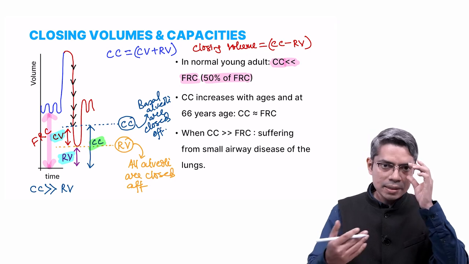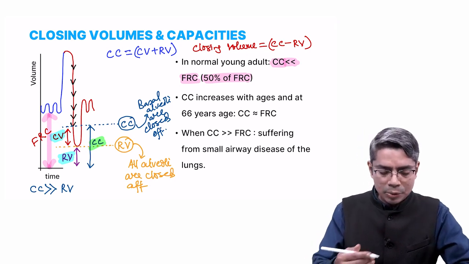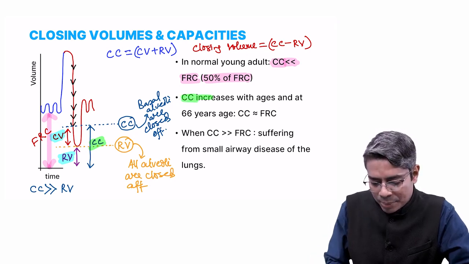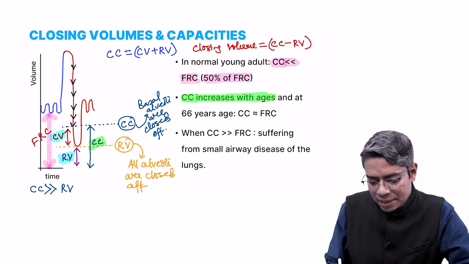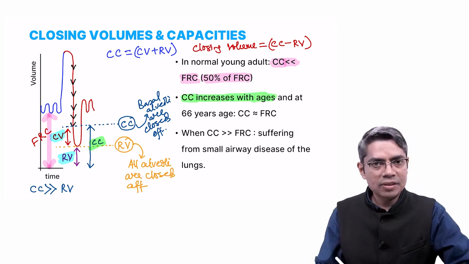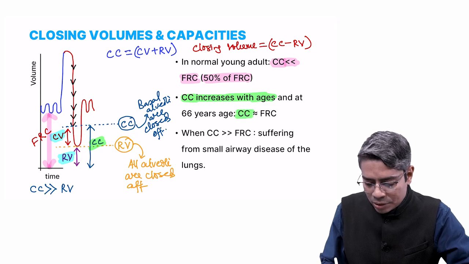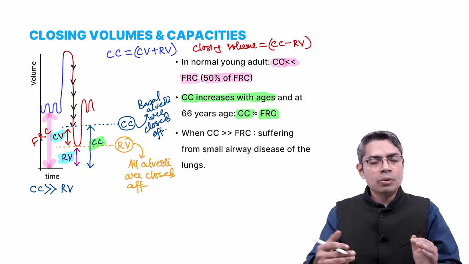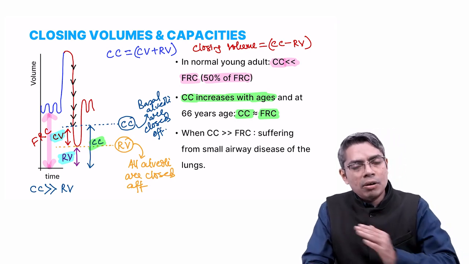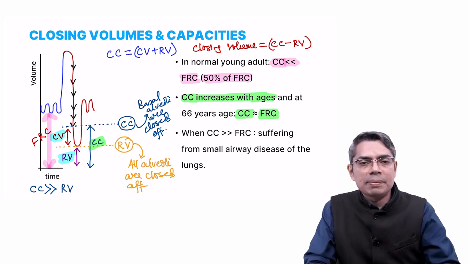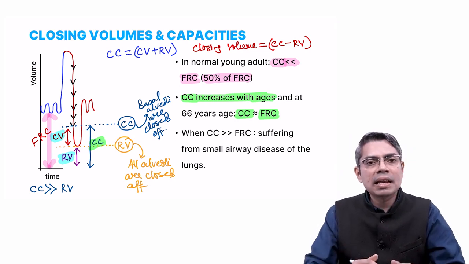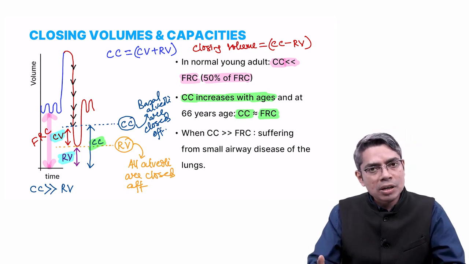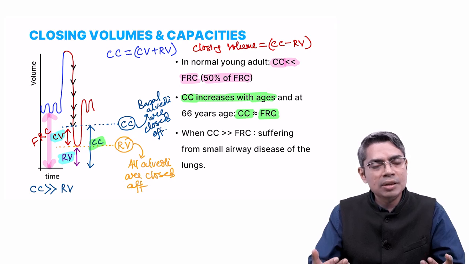But with increasing age, closing capacity increases, and at 66 years of age, closing capacity is almost equal to the functional residual capacity. Closing capacity equal to the FRC means the closure of the basal alveoli is early. More early closure of the basal alveoli means closing capacity will increase.